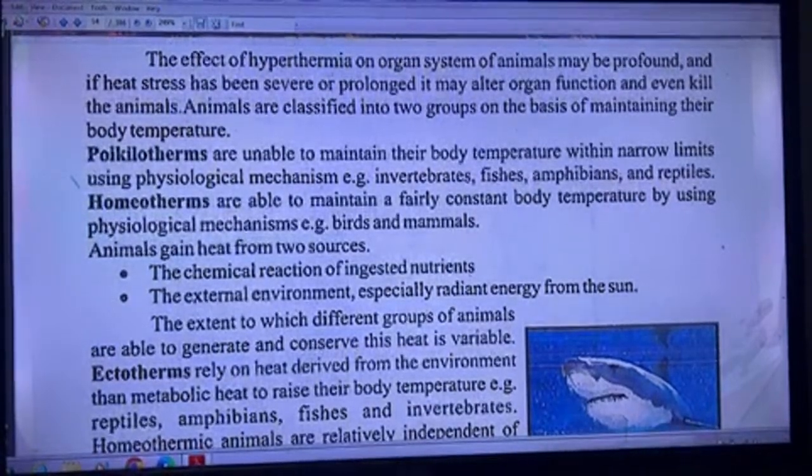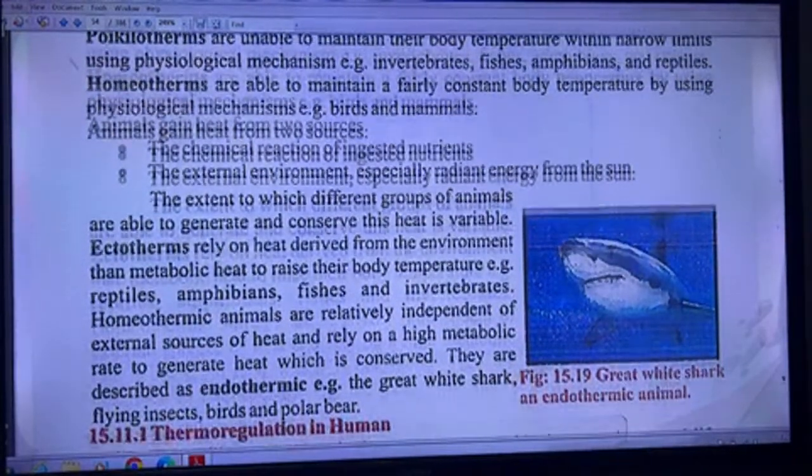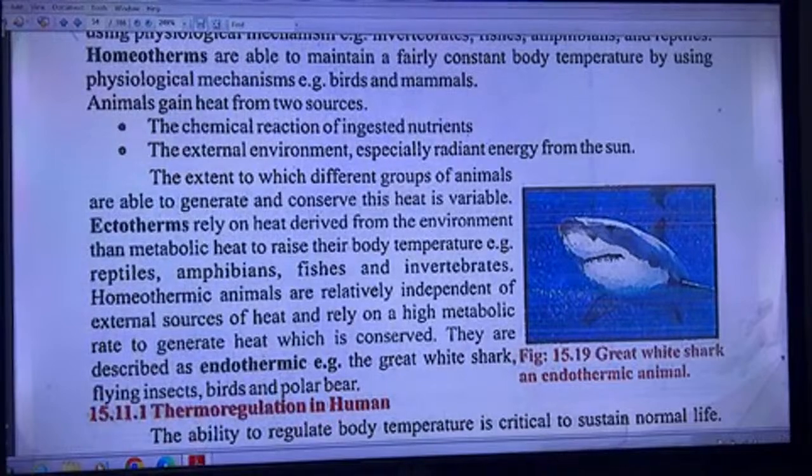Poikilotherms are cold-blooded animals that are unable to maintain their body temperature within narrow limits using physiological mechanisms, for example, invertebrates, fishes, amphibians, and reptiles. Homeotherms, warm-blooded animals, are able to maintain a fairly constant body temperature by using physiological mechanisms, for example, birds and mammals.